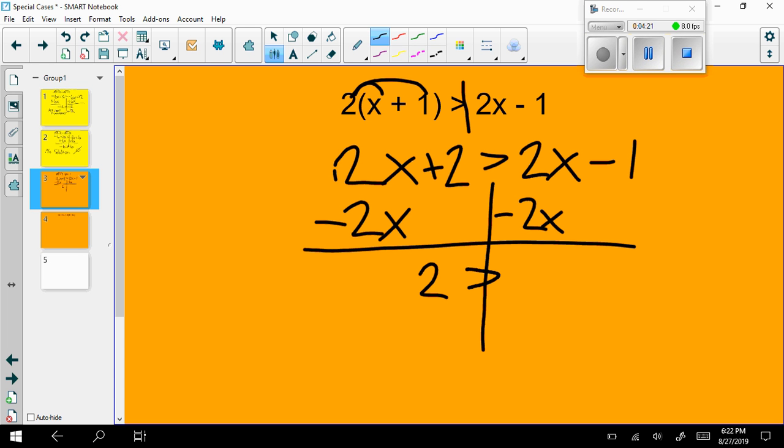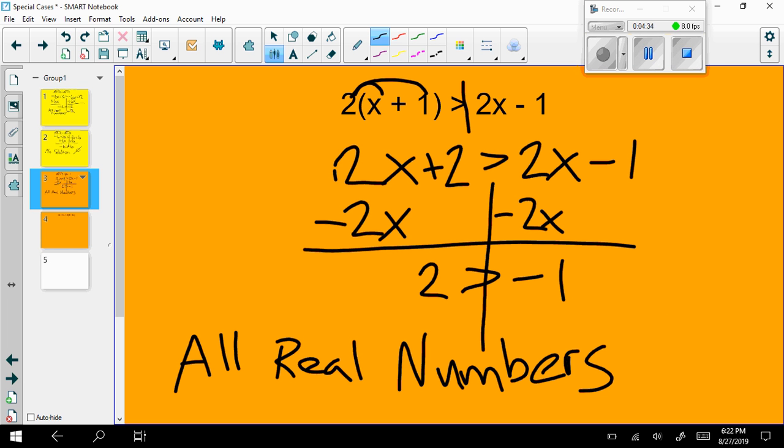So then I have 2 is greater than -1, which is a true statement. So again, this is going to be all real numbers. So since we ended with a true statement, we're good to go on that special case. For inequalities, they can also end up with all real numbers.